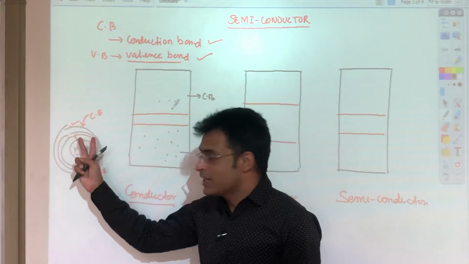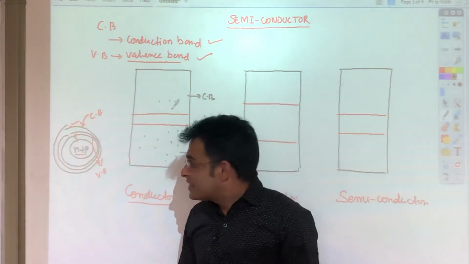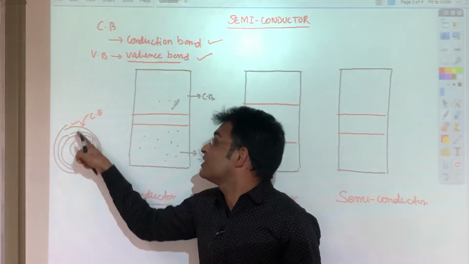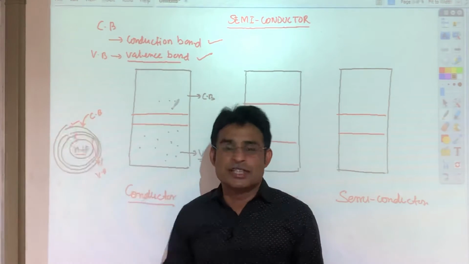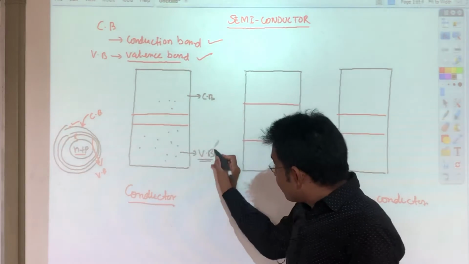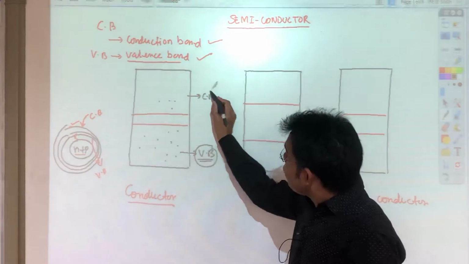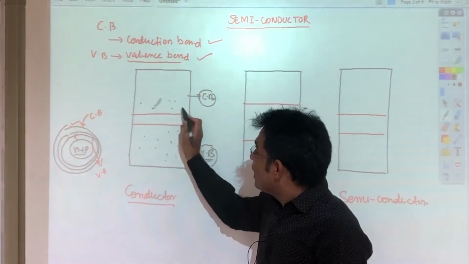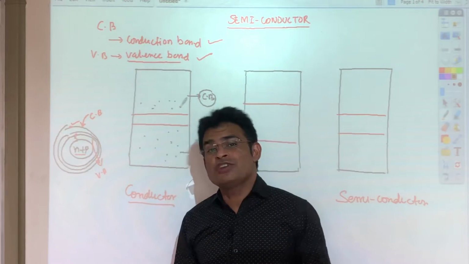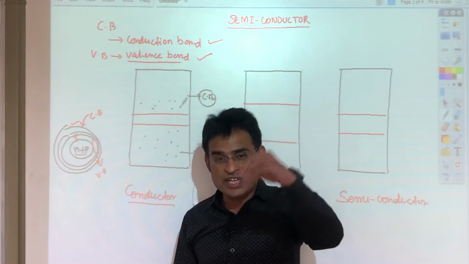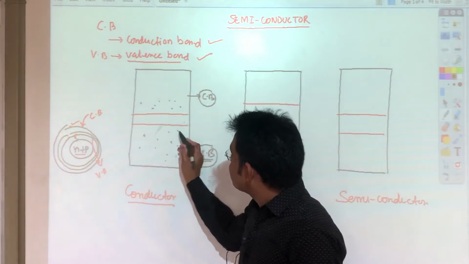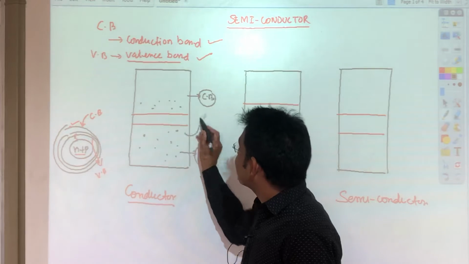If you see this, in the case of a conductor, there will be electrons in the nearby orbit and electrons in the other orbit also, which has some distance. So there will be electrons in the valence band and in the conduction band. When you apply electricity, or heat, or strike light on this one, in all three cases the electron will jump from the valence band to the conduction band.